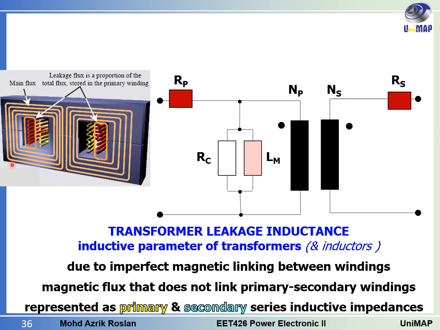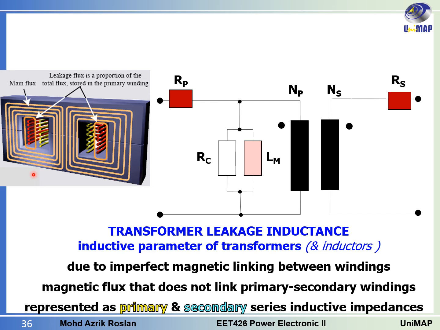But in actual, when we have the real transformer, we cannot achieve the perfect magnetic linking. So there is some flux that is lost, I mean, didn't go to the secondary winding, but goes through the air and comes back to the primary winding.